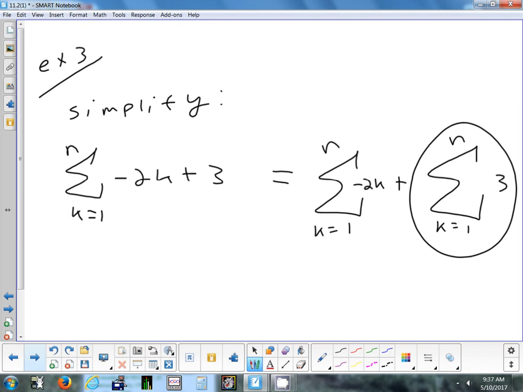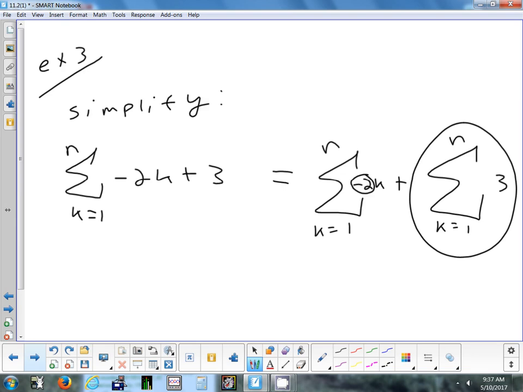You're adding up a constant times n. So you're adding up the number 3 n times. 3 plus 3 plus 3. So we'll come back to simplifying that in a second. What can I do with this negative 2? I said that when you have a number in front of the sequence, you can move it somewhere.